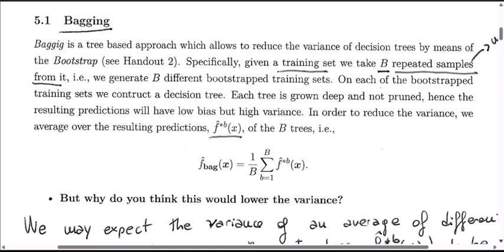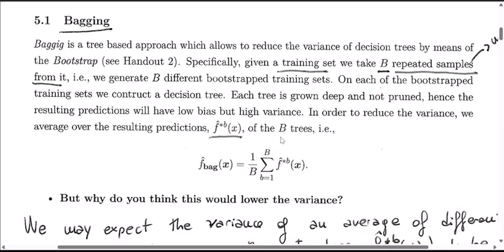Now, when you take a look at what I said here, we're actually going to have B repeated samples. At the end of the day, what do you think I'm doing here? I'm finding the average of predictions across the number of trees. The number of trees here is actually B, which is the number of bootstrap samples.